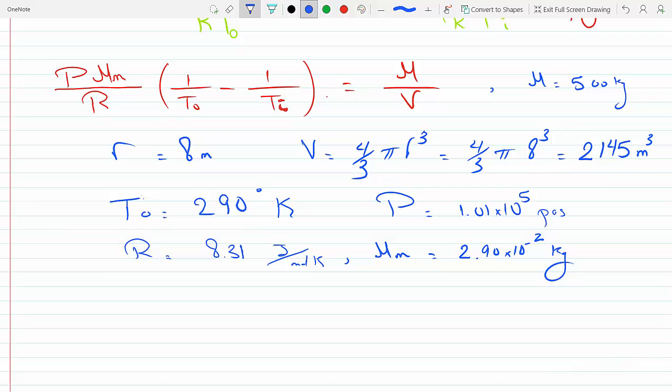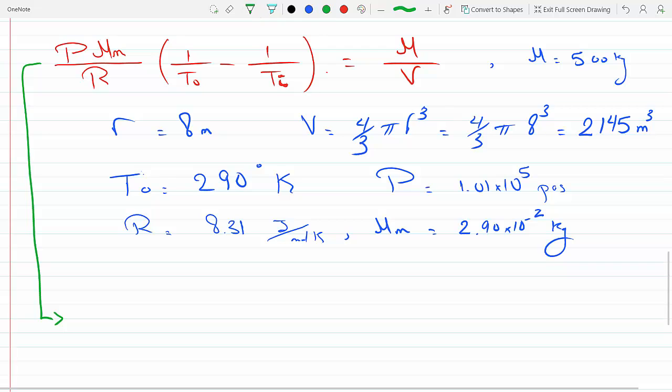Okay, now let's take this red equation here and work it out for T inside.